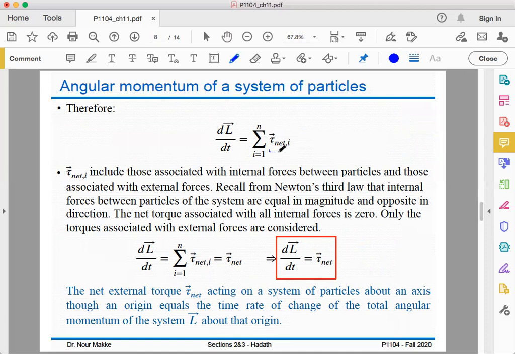هلا شو هي التاو نت i وشو بتتضمن؟ مثل ما شفنا قبل شوي انه هالparticles they are interacting between each other and they are interacting with the external surrounding. And so this tau net includes both internal and external interactions. This is why this tau net includes the torques associated with internal forces between the particles and the torques associated with external forces.